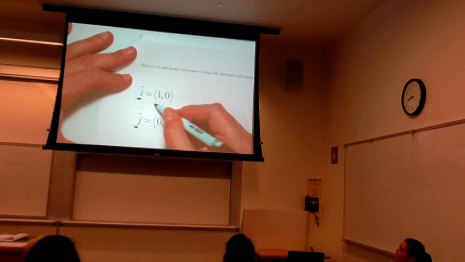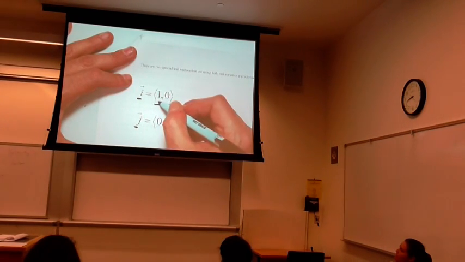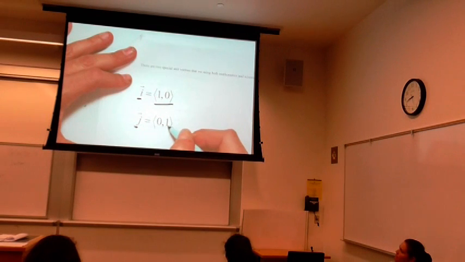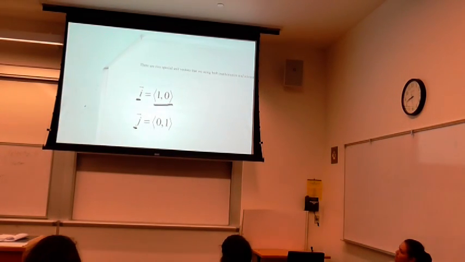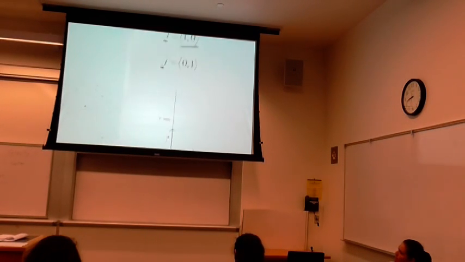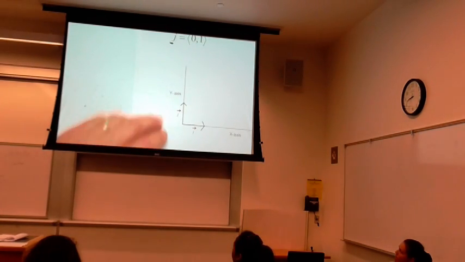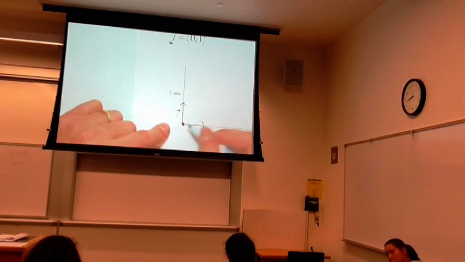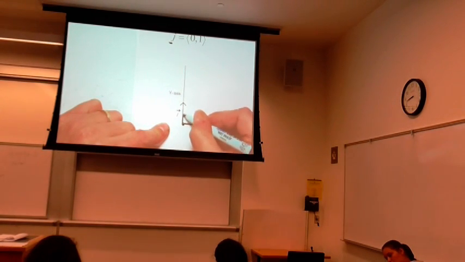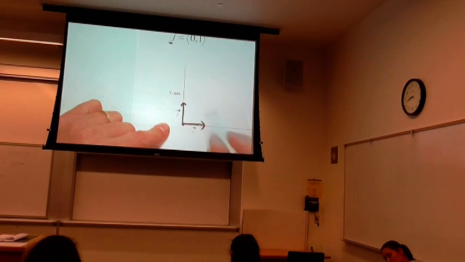And these have this form. i is just (1, 0), and j is (0, 1). So let's look at these vectors on a graph. i is just this length 1 vector along the x-axis, and j is again a unit vector of length 1 but along the y-axis.